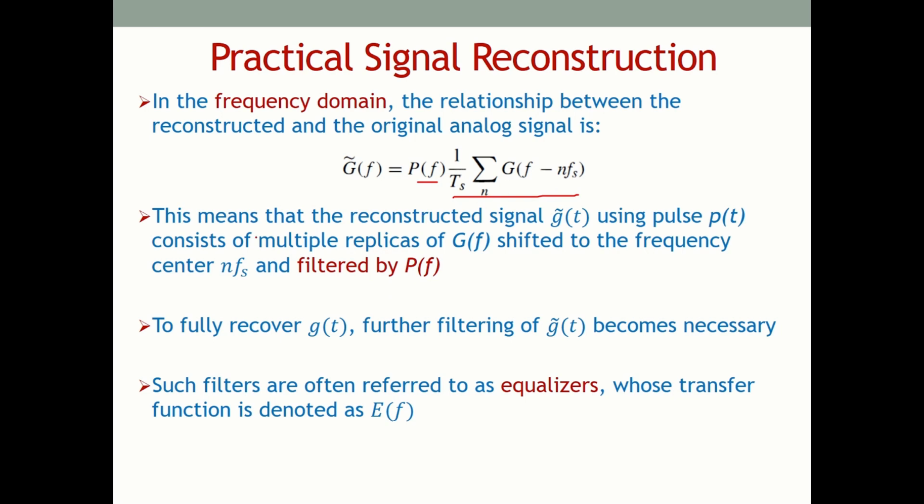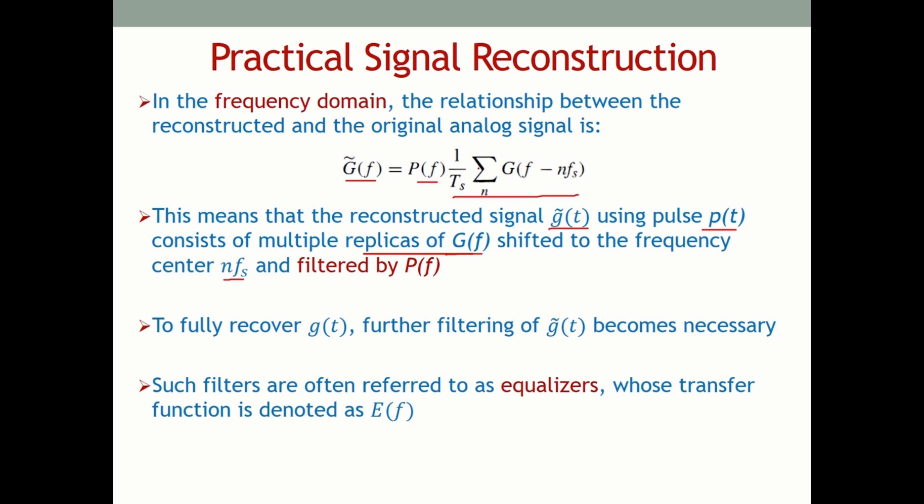From this we can see that the signal g'(t) that we obtain is by taking the inverse transform of g'(f). This signal, which was sampled using p(t), consists of multiple replicas of G(f), the original analog signal, shifted to frequency centers at nFs and so on.